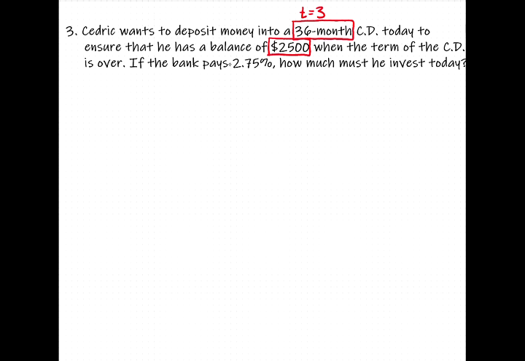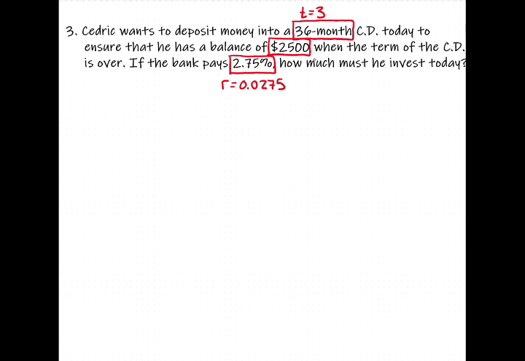Okay, the bank pays 2.75%. We'll have to convert that to a decimal. We'll divide by 100, or move the decimal point 2 places to the left. So the annual interest rate is 0.0275.